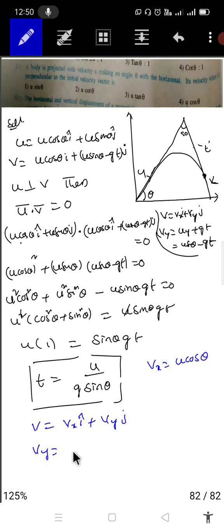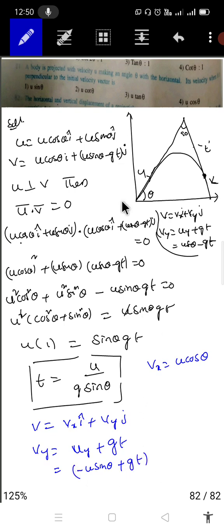Vy is equal to uy plus gt. Actually, that is the initial value. So after this time it is going to be minus u sin theta plus gt.